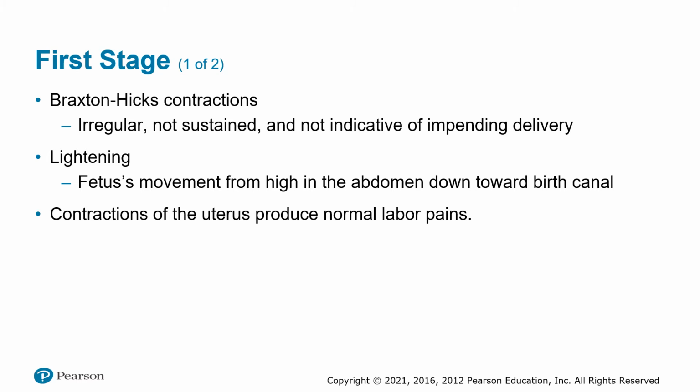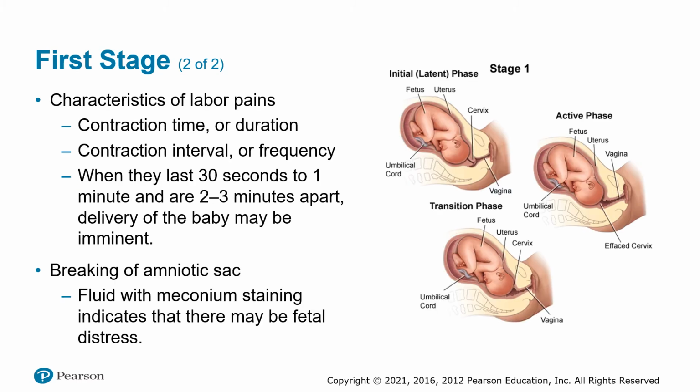They'll also have some lightening. The fetus will move from high to low, down toward the birth canal, and then contractions of the uterus will produce normal labor pains. Characteristics of these labor pains include contraction duration, contraction interval, and frequency.